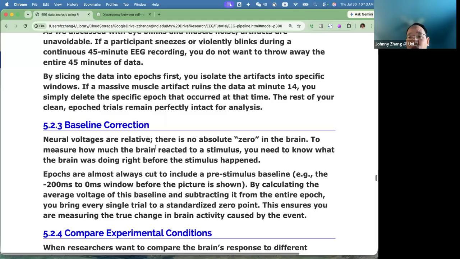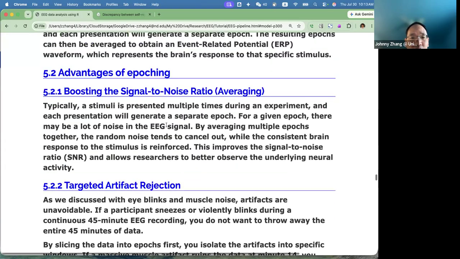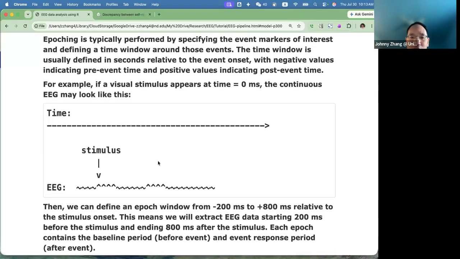Another advantage of using epochs is that we can do baseline correction. In neuroimaging data, in EEG data collection, there are no true absolute signals, right? The signals are always relative to the reference points.